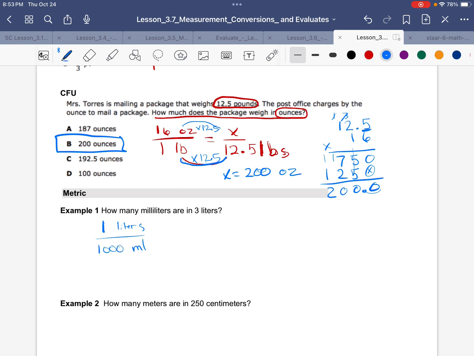And they want to know how many milliliters are in 3 liters. Pretty easy conversion here. This is times 3, 1 times 3 is 3. So you do the same conversion here. 1,000 times 3 equals 3,000 milliliters.